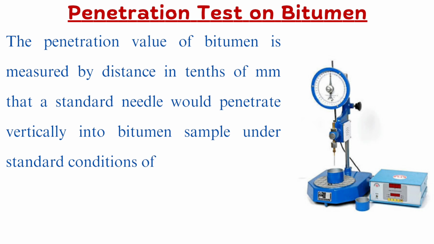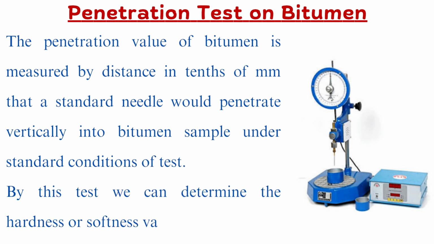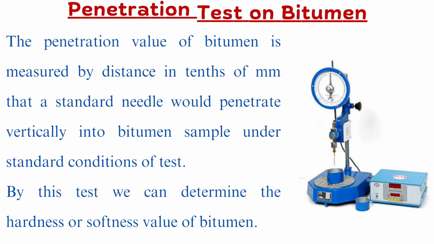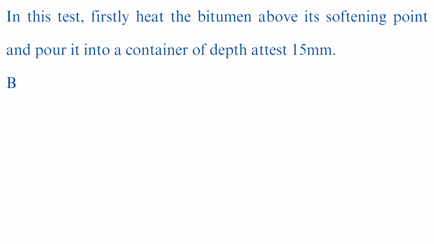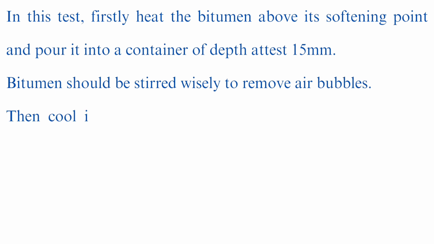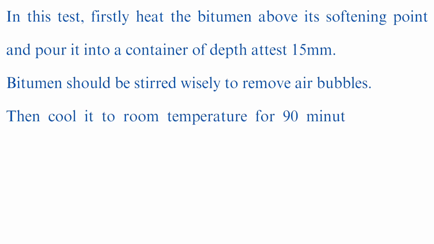Then place the sample in oven and heat it for 5 hours at 163 degrees centigrade. After that, take out the sample and cool it to room temperature and take the weight to 0.01 gram accuracy and note down the value. Then from the two values of weight before and after heating, we can compute the loss of mass. This loss should be less than 5% of total weight, otherwise it is not preferred for construction.